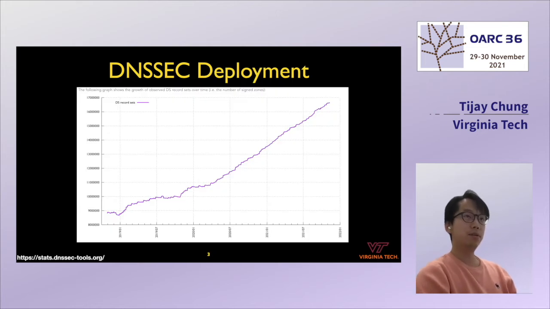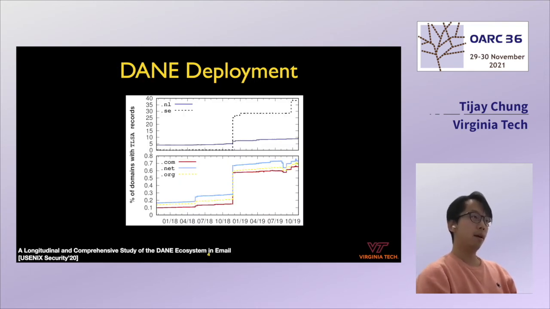Also, this is really great news that the DNSSEC deployment rate is increasing. This stat is borrowed from DNSSECtools.org. When you consider the most recent snapshots, the number of domain names with DS records set is over 70 million, which is really great. I briefly mentioned DANE.